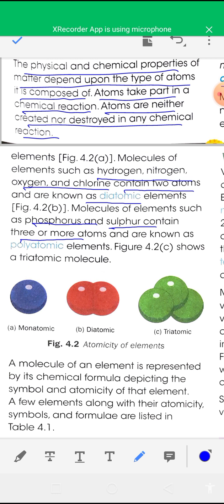Molecules of elements such as phosphorus and sulfur contain three or more atoms, and they are known as polyatomic molecules or polyatomic elements.